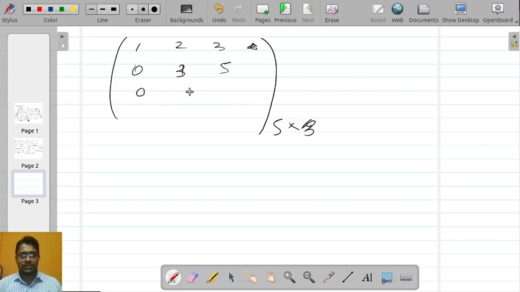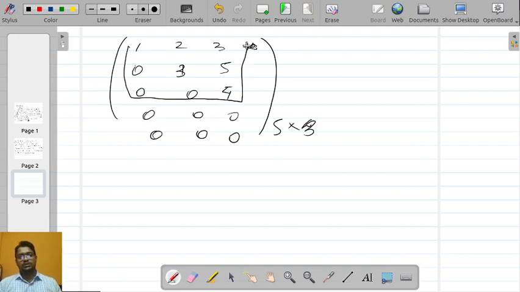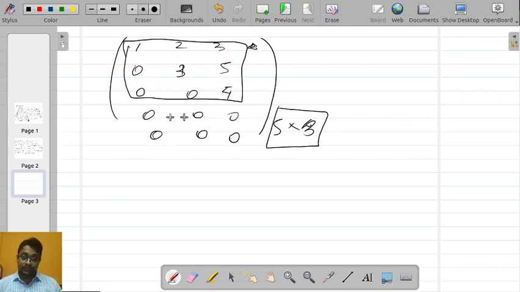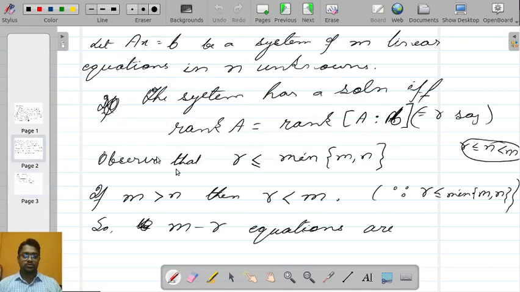So at most it can have 3 non-zero rows. After that every other row will actually be a zero row, because the maximum value of the rank is the minimum of 5 and 3. So this matrix cannot have rank 4. There are 5 rows here, so we are sure that after the third row every other row has to be 0.